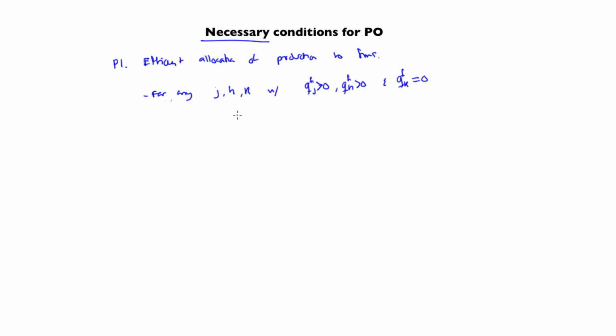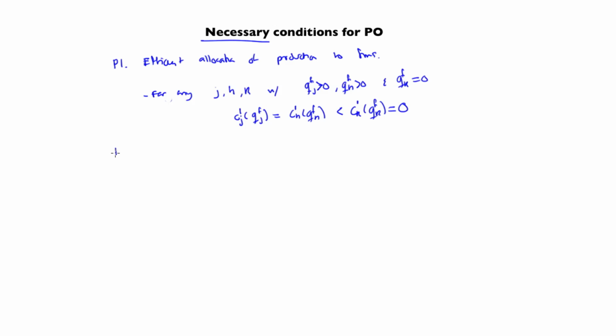It has to be the case that the marginal cost of firm J at that point is equal to the marginal cost of firm H at that point, and that has to be less than the marginal cost of firm K at its level of production.